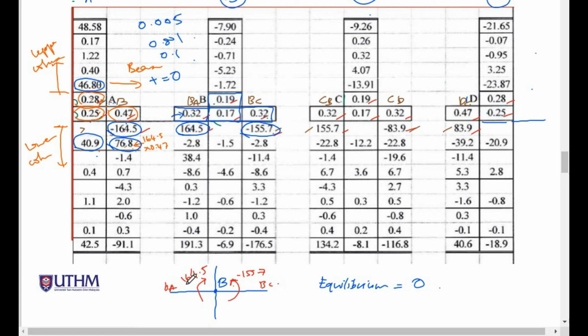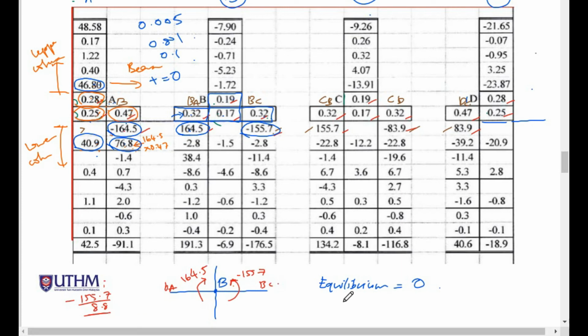So between this one, 164.5 minus 155.7, and the value is equal to 8.8. Okay, 8.8 meaning this is the larger value. It will rotate. Okay, joint B tends to rotate clockwise because it has additional 8.8.